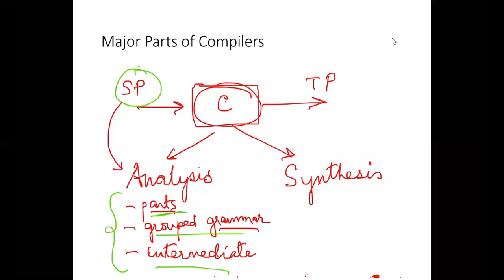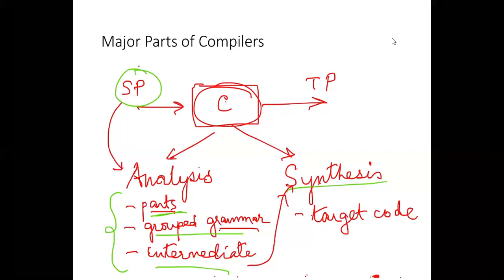Now the synthesis phase will look at the output of the analysis, which is the intermediate code, and then from here it will convert it into the target code.